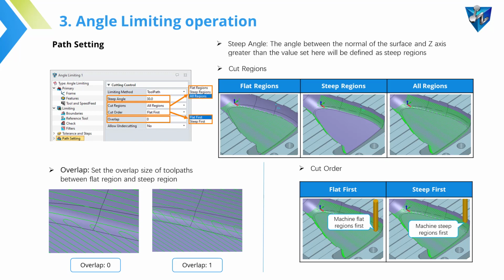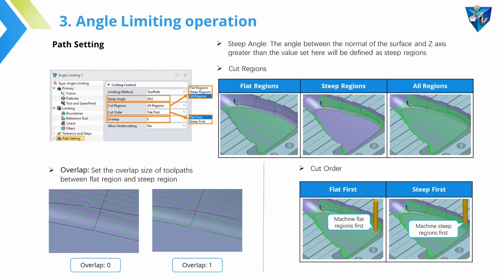Then steep angle option here is used to distinguish the steep or shallow regions. The regions where the angle between the surface normal and Z axis is greater than the value will be assigned as steep regions. The opposite is shallow regions.